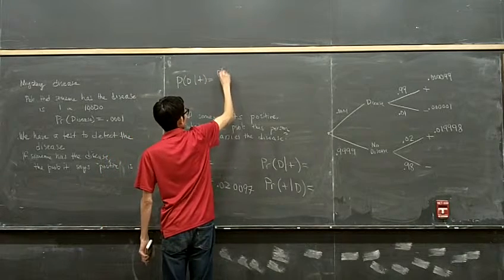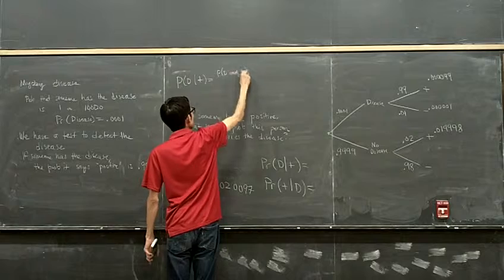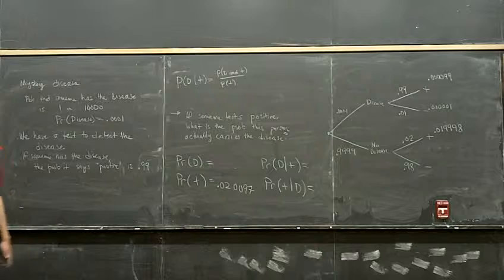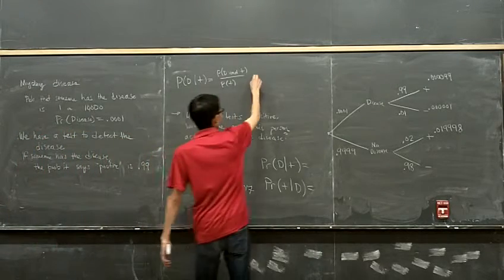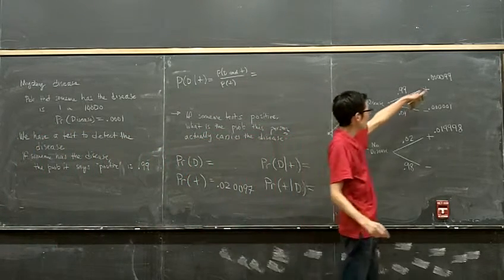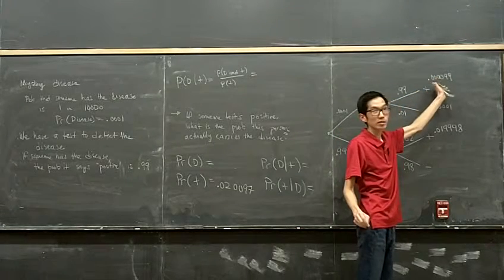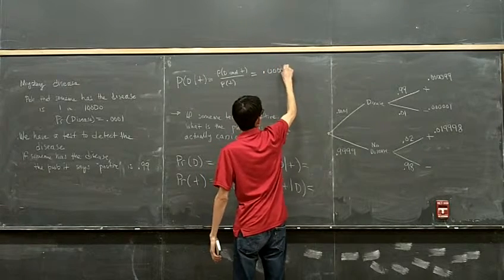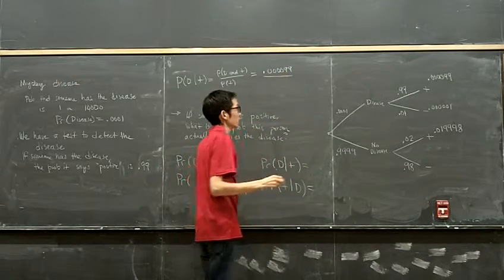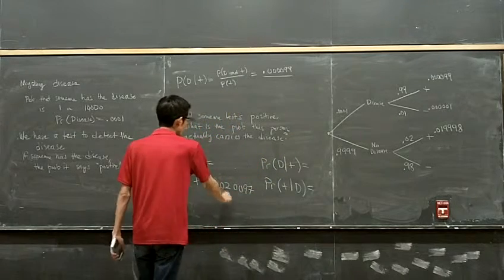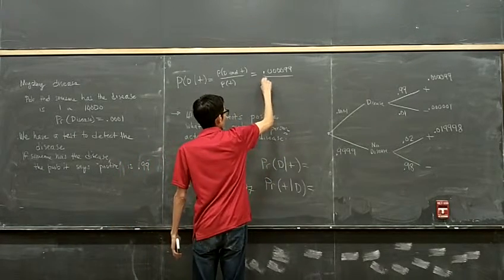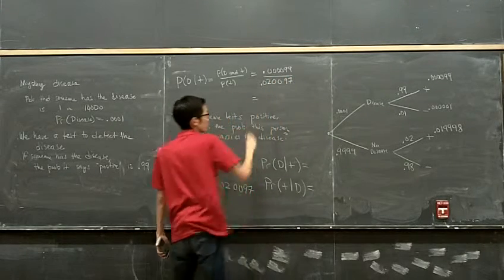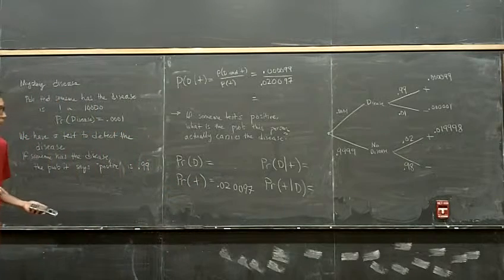This is the probability of disease and test positive divided by the probability that someone tests positive. On top, the probability that someone has the disease and tested positive is 0.000099, divided by the overall probability of testing positive, 0.020097.